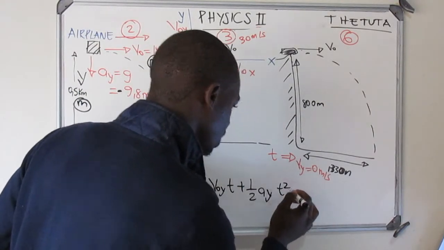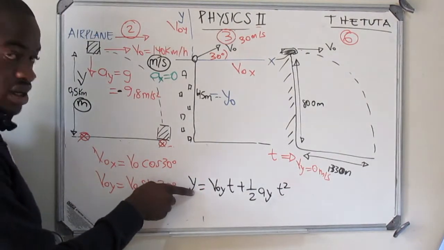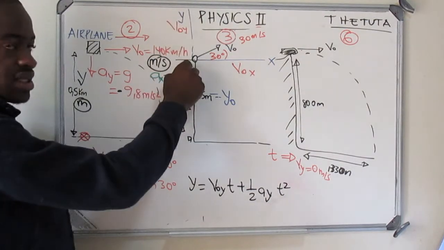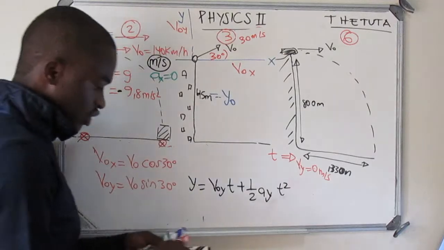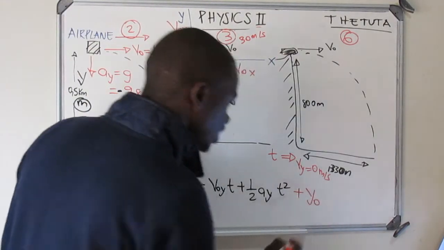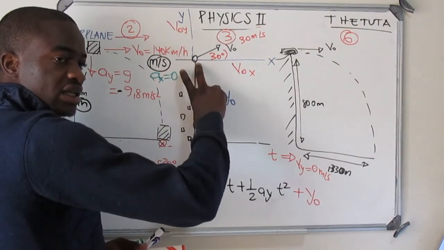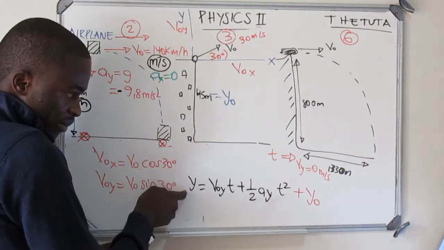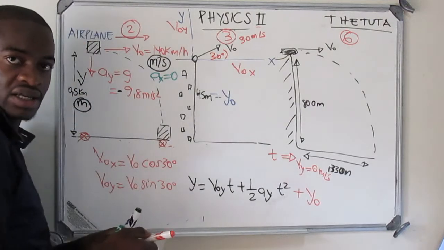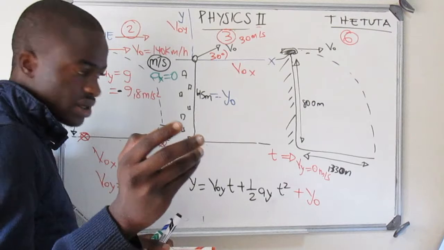But remember, this y is going to be equal to what? Plus the initial y. So I'm going to add y initial, because remember I have already an initial height. Which means my y is going to be the final plus the initial. Remember, we talk about the displacement.